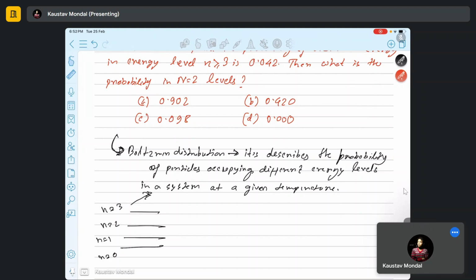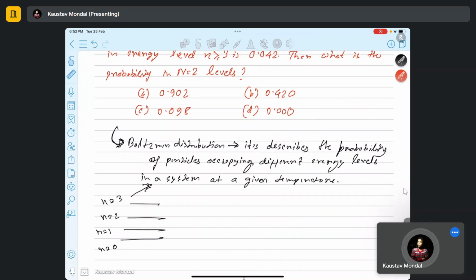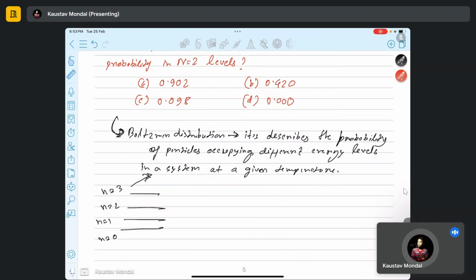For this problem right now we don't require the exact expression of the Boltzmann distribution, but in the next problems we will actually have to use its form, so we'll discuss more about it there.